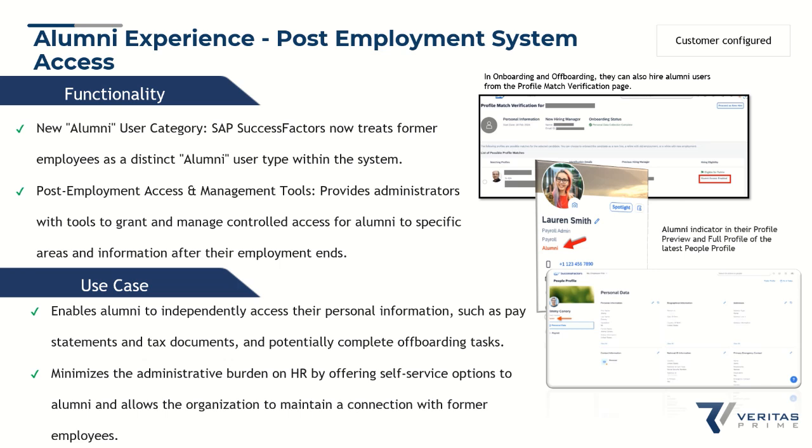The main use case has two main points. Firstly, it enables alumni to access important personal information like pay statements, tax documents, and their own records. The second is to allow the organization to maintain the connection with former employees, potentially for a network of future rehires.